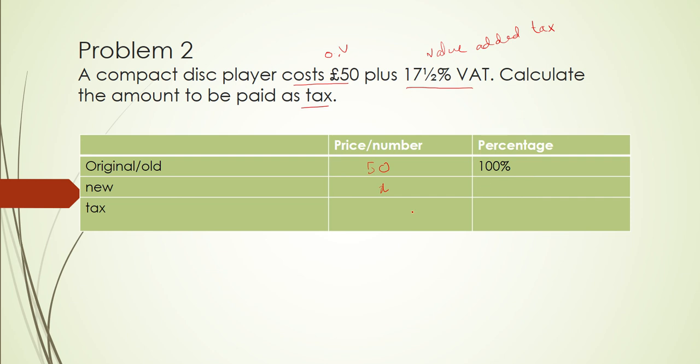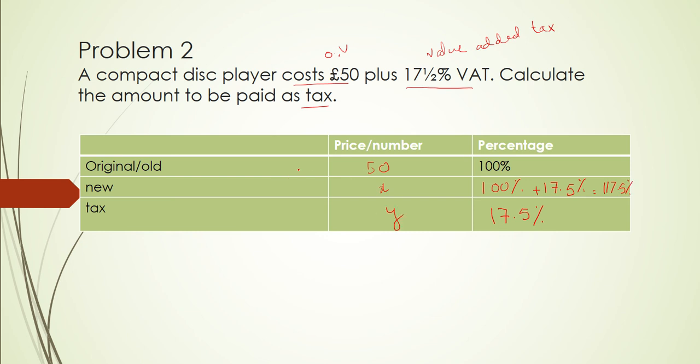The tax percentage is 17.5%, and the new percentage should be 100% plus 17.5%, which is equal to 117.5%. And the tax variable is y.